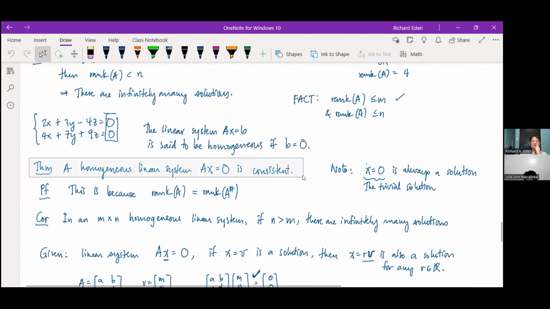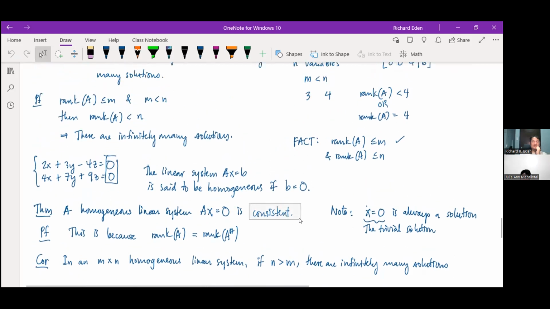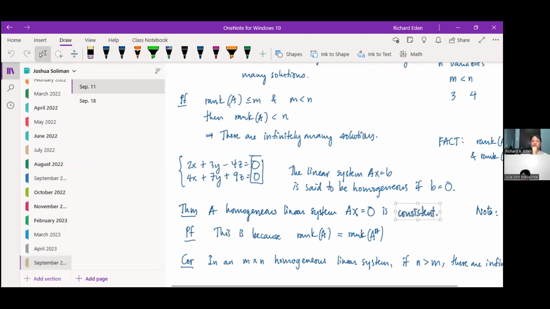Consistent, because you always have the trivial solution, x1, x2, x3, all zero. You always have a solution, the trivial solution. Okay, so therefore, in a homogeneous linear system, either there is a unique solution or infinitely many solutions.